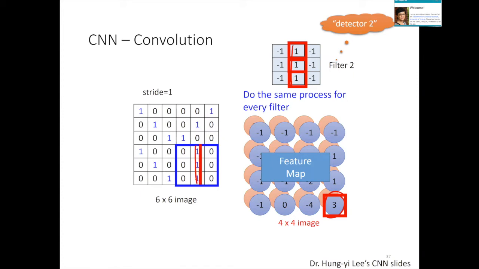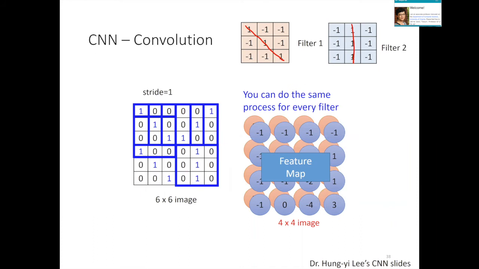And in this way, you get the feature map from the first detector and another feature map from the second detector. Each feature map, generated by a specific filter, is almost like a smaller image, converted by the convolution represented by that filter. And every position here still keeps the spatial relationships.